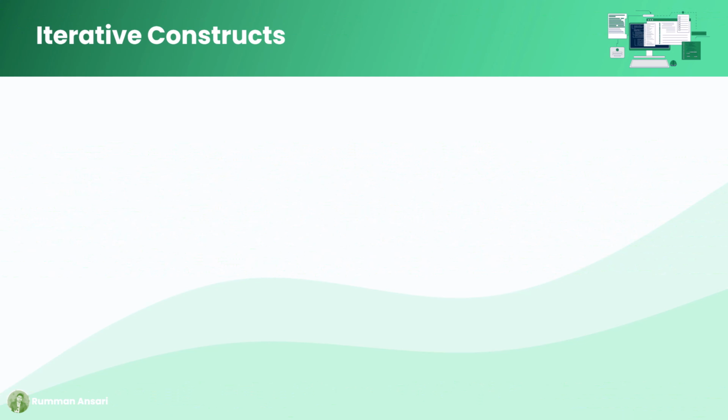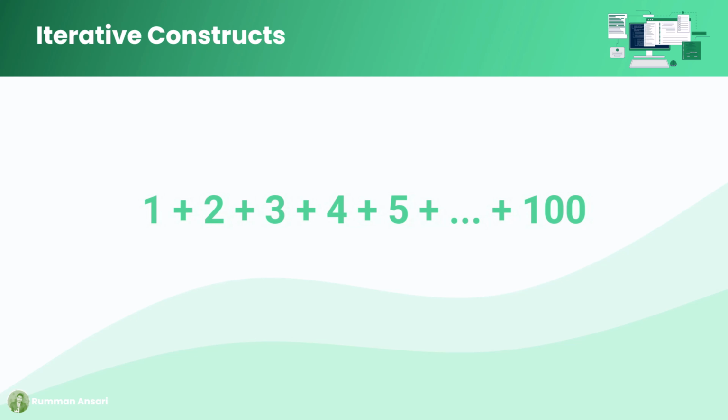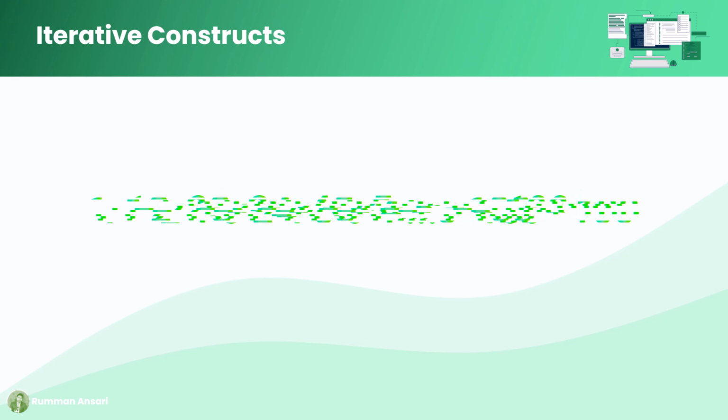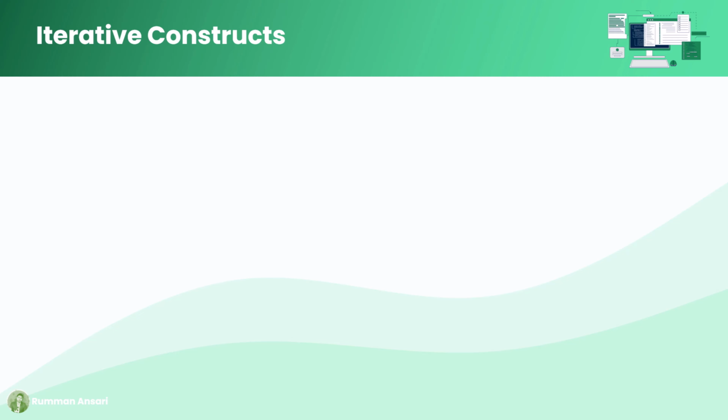Without a loop, you would have to manually add each number, like 1 plus 2 plus 3 plus 4 till 100, right? This is impractical for any meaningful range or dynamic input. But with an iterative construct like a for loop, while loop, or do-while loop, we can efficiently handle this repetitive task.